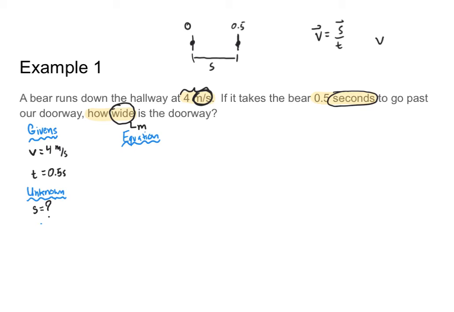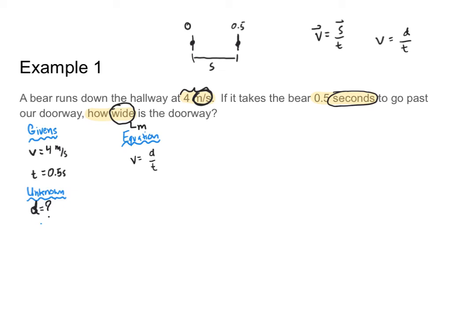I'll represent it as a V without an arrow, equal to distance over time. So we've got velocity is displacement over time, and speed, which I'm going to say is velocity without a vector hat, is distance over time. So our equation is going to be that second one, and I'll go ahead and change my unknown to distance just to represent that. So v equals distance over time.